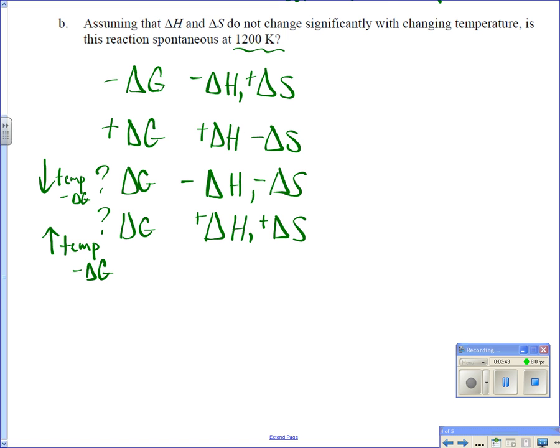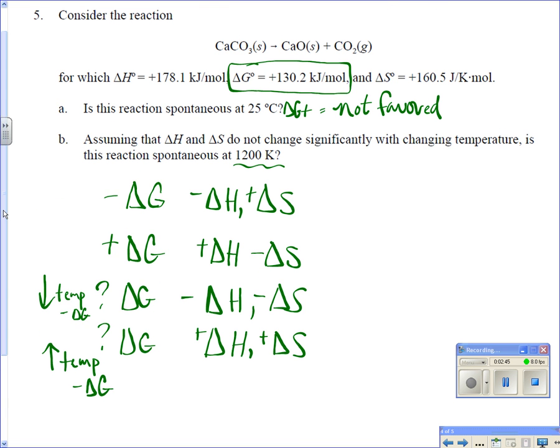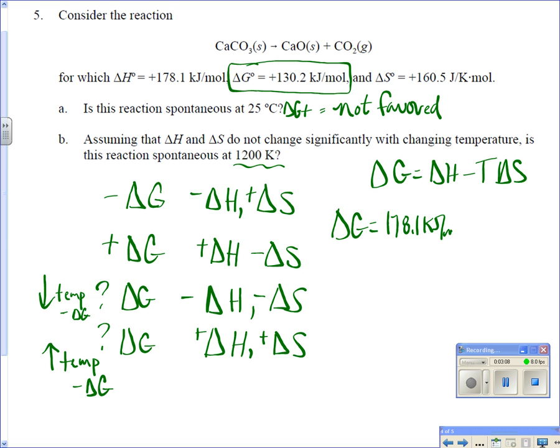And so it's basically saying, just plug this into the granddaddy equation here. So if I have delta G equals delta H minus T delta S, and it's telling me not to change the delta H and the delta S significantly, so just plug it in. I know that this is 178.1 kilojoules per mole minus my 1200.